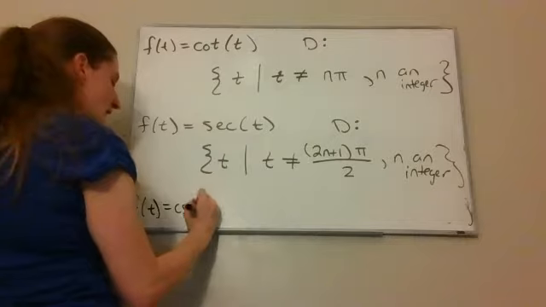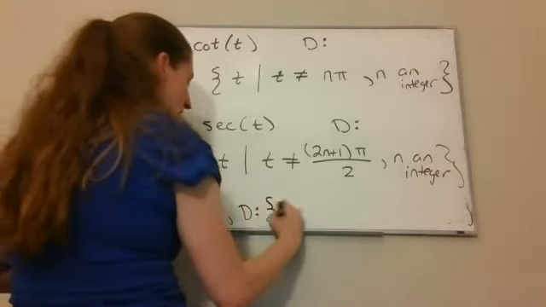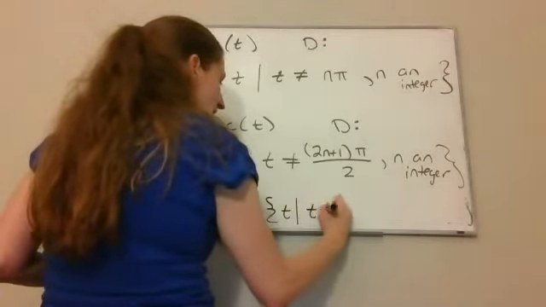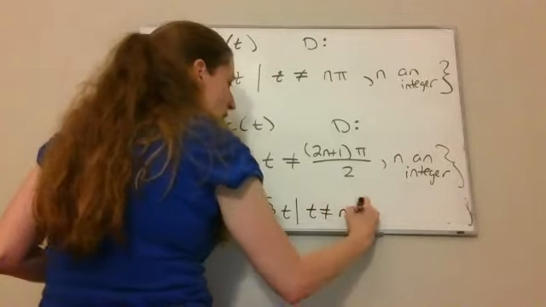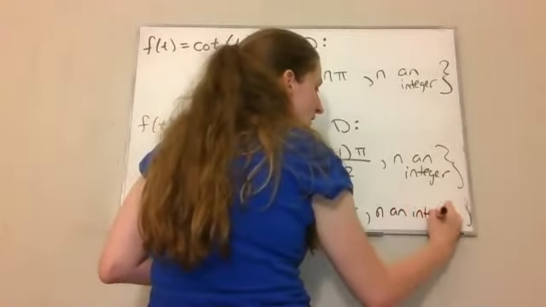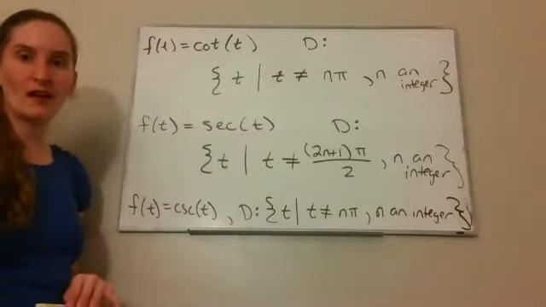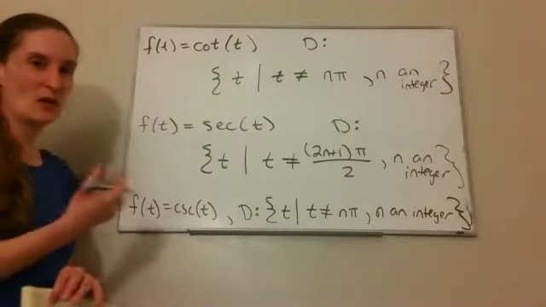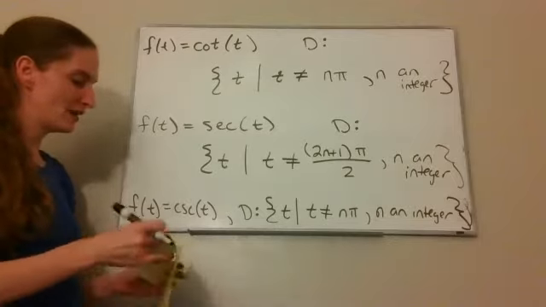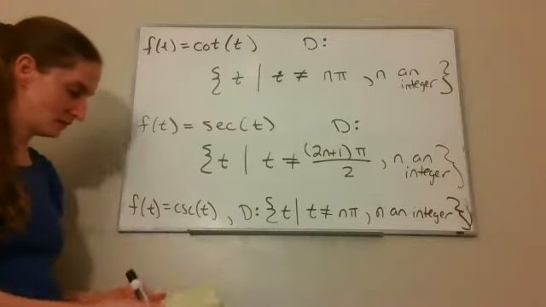And for my cosecant, my domain is all of the numbers except for multiples of pi. Because my cosecant is 1 over sine, and sine is 0 when I have a multiple of pi. So that's all of the domains of our trig functions.